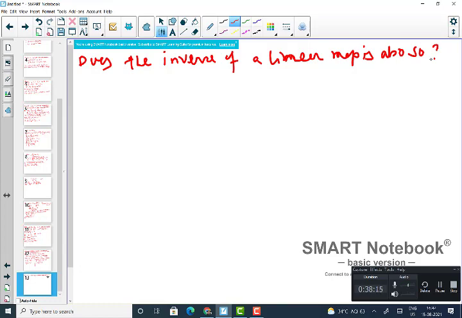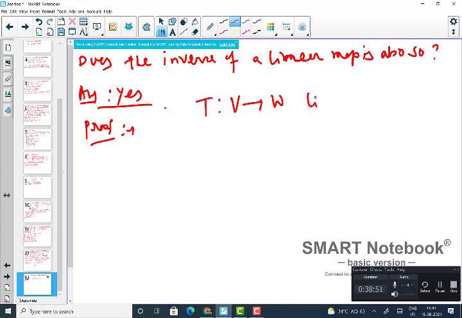So how to prove this? The answer is yes. When you talk about the inverse of a linear map, it has to be also linear, right? Now how to prove that? The proof is like this. T is given, linear from V to W. Now T inverse is from W to V, right?